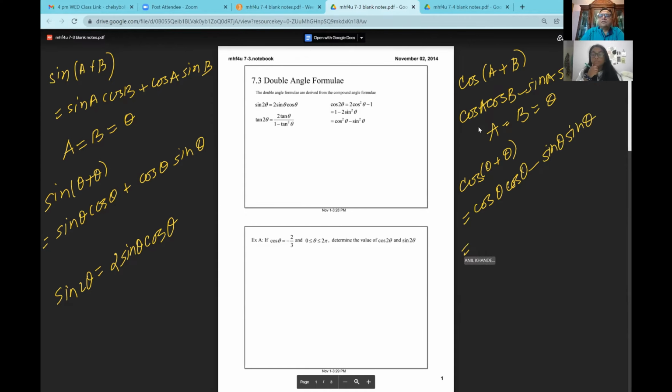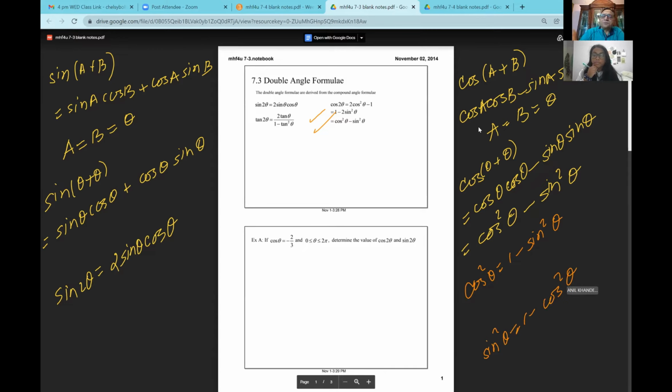And you do get, as written in your formula sheet, cos square theta minus sine square theta. Now you can do two substitutions to get the other two formulae, which is cos square theta equals 1 minus sine square theta, and the second one is sine square theta equals 1 minus cos square theta.